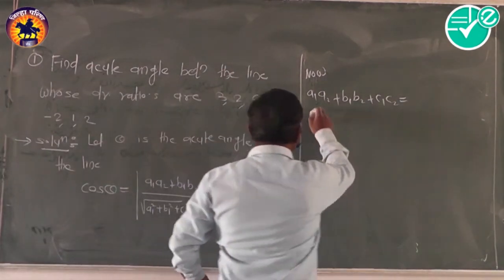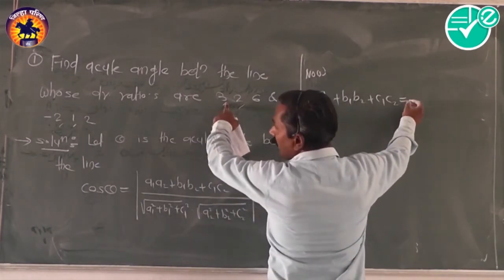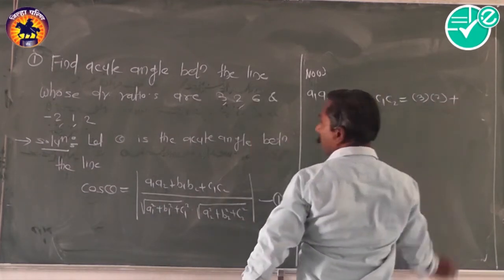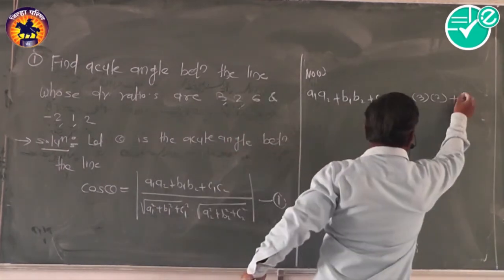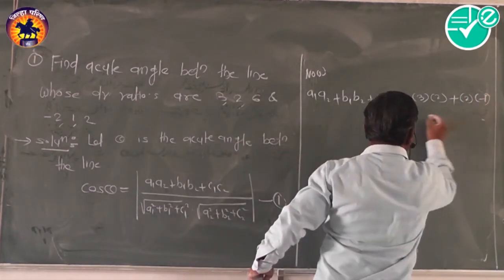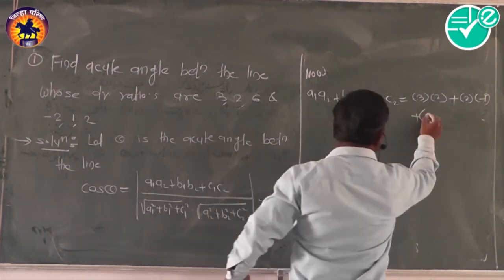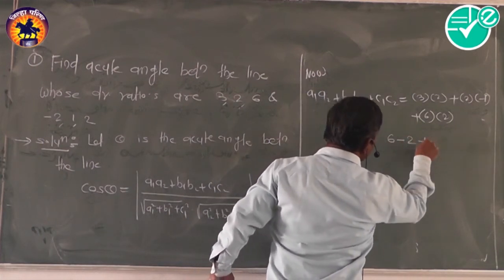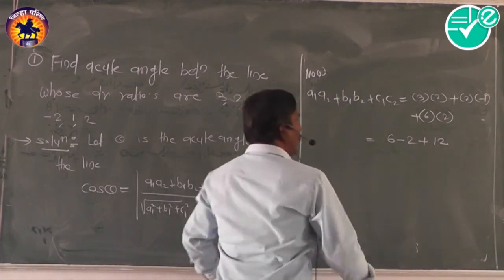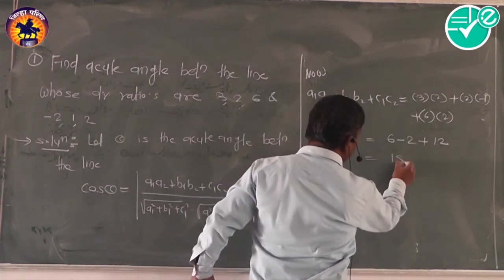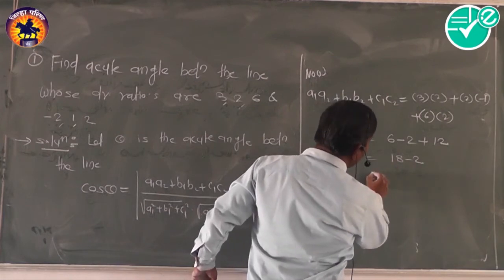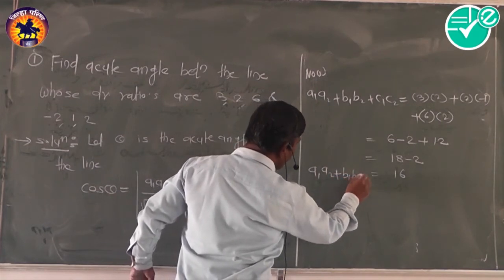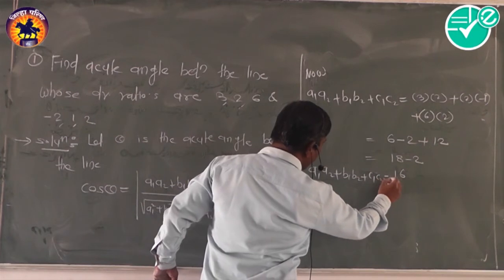Now A1 A2, that is, A1 is 3, A2 is minus 2, plus 2 into 1, plus 6 into 2. So this will be minus 6 plus 2 plus 12. So this is 18 minus 2, so that is 16. That is A1 A2 plus B1 B2 plus C1 C2 is equal to 16.